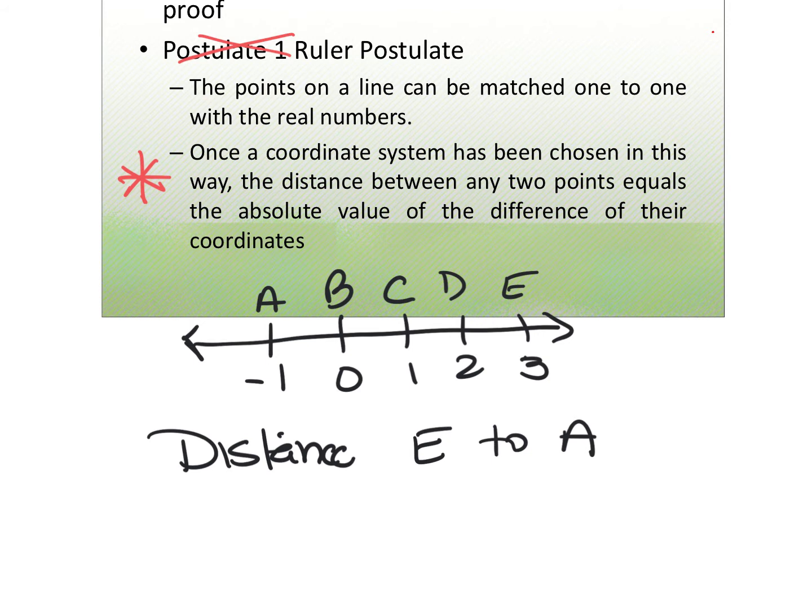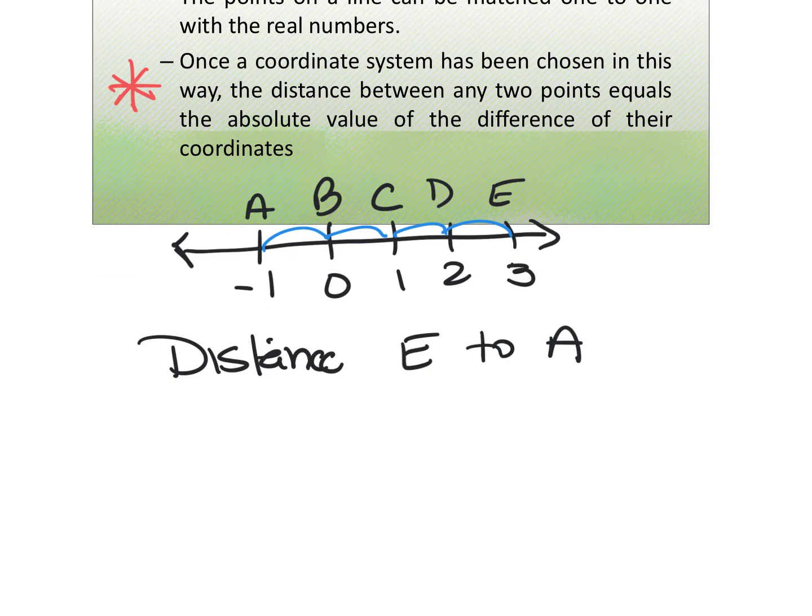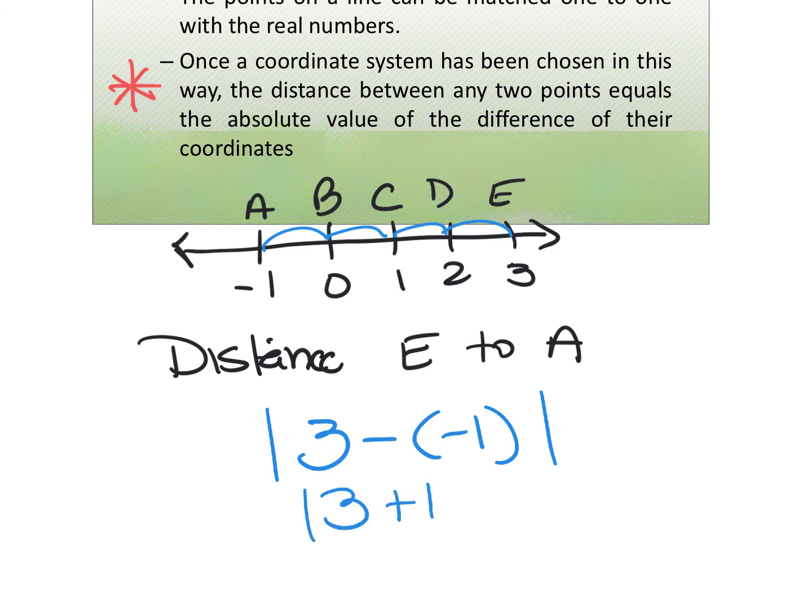So again, you could count the spaces, 1, 2, 3, 4, or subtract. And if you do big minus small, you would do 3 minus -1. We could still show the absolute value, but this answer becomes positive.